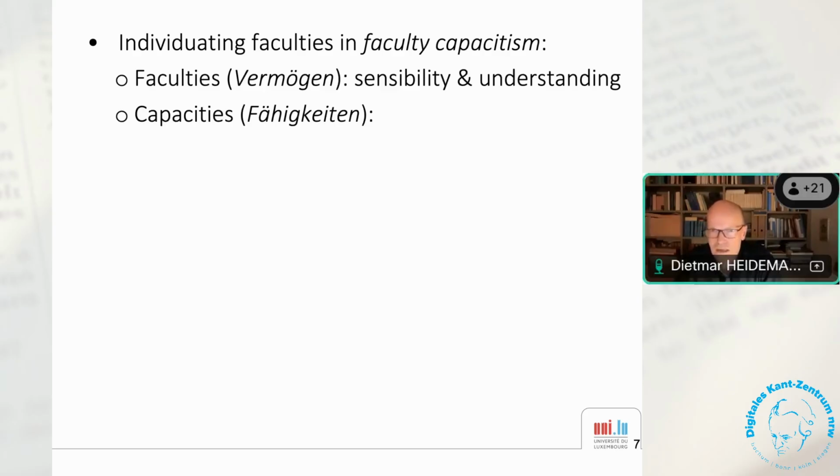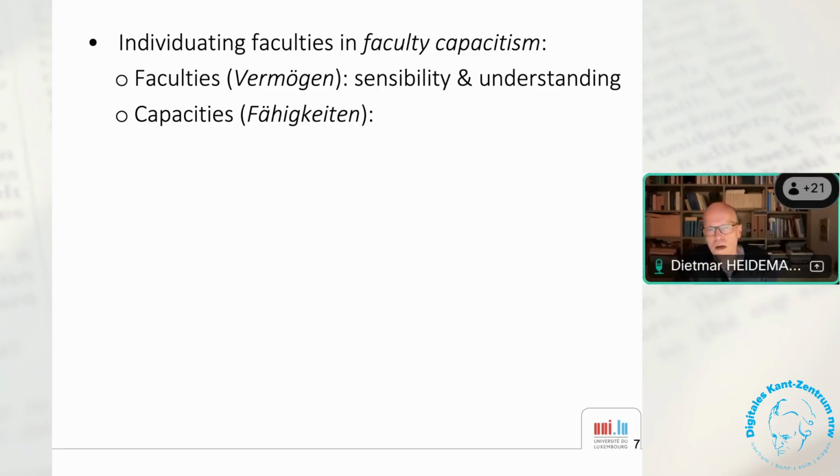Kant simply takes this up from the tradition. Leibniz, Baumgarten make this distinction, not only between sensibility and understanding, but also between the capacities, and the German for capacities is Fähigkeit. And that's why faculties cannot be translated as Fähigkeit, and capacity should not be translated as Vermögen. It's rather faculty is Vermögen and capacity is Fähigkeit.